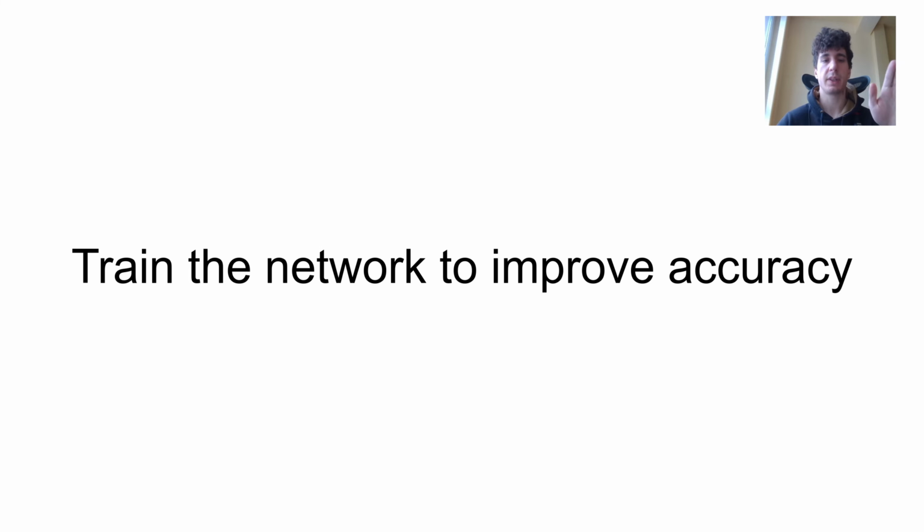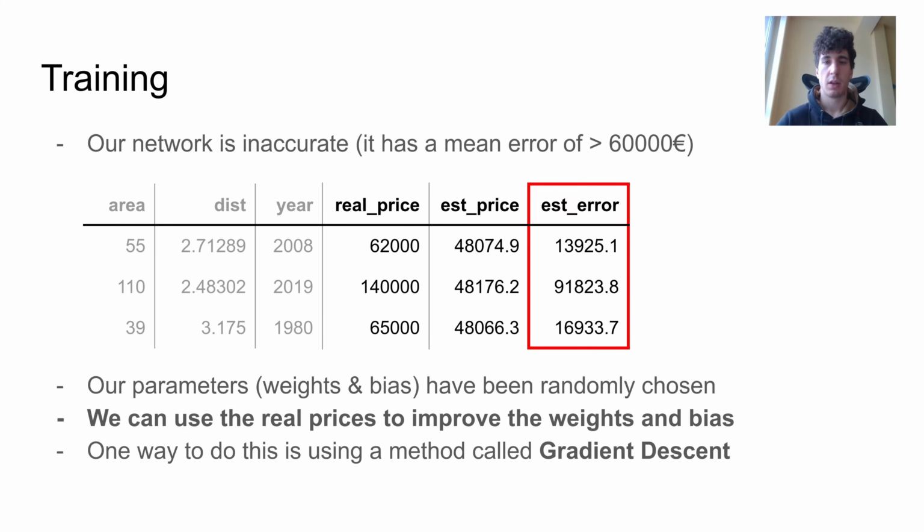So the next step is trying the network to improve accuracy. So far our network is inaccurate. It has like a very large estimation error. And that's because our parameters, the weights and the bias, have been randomly chosen.